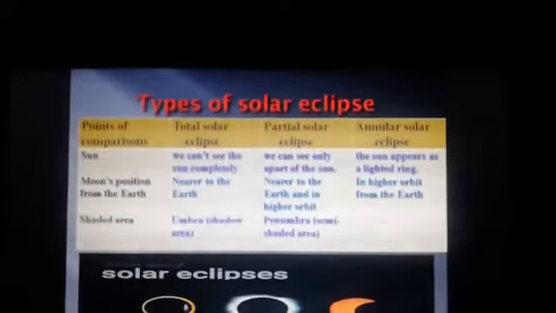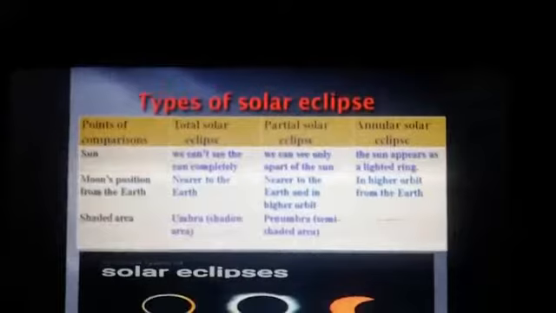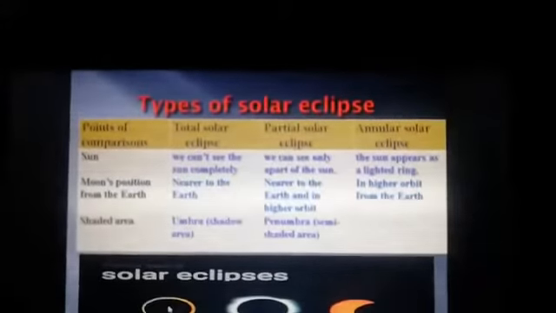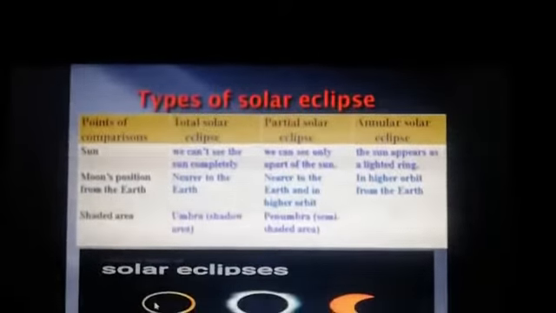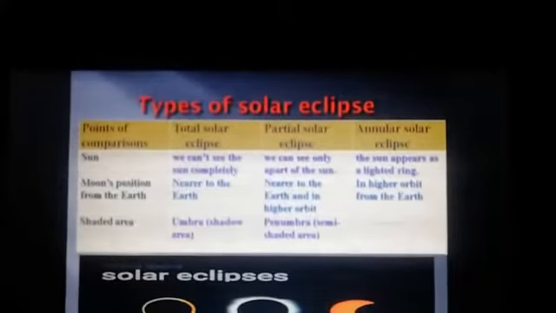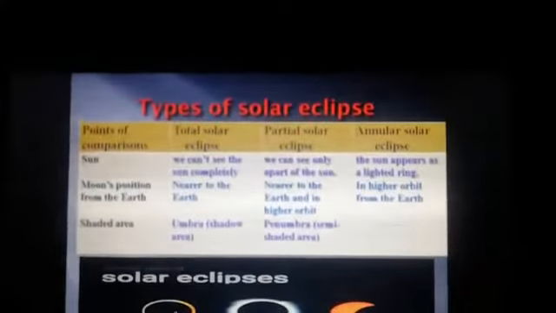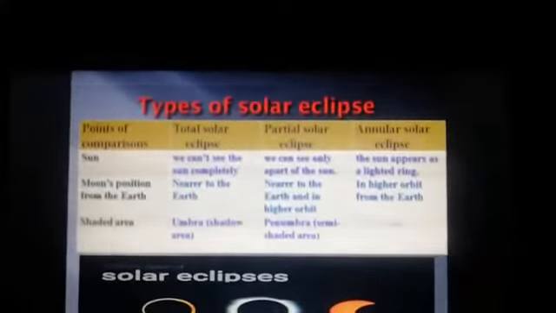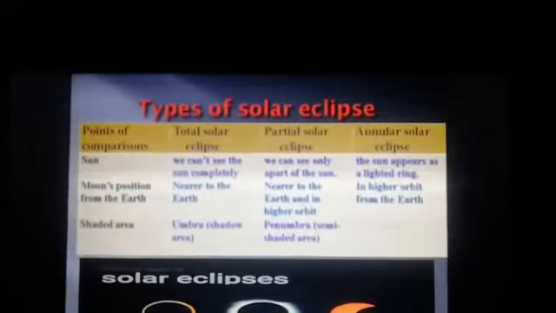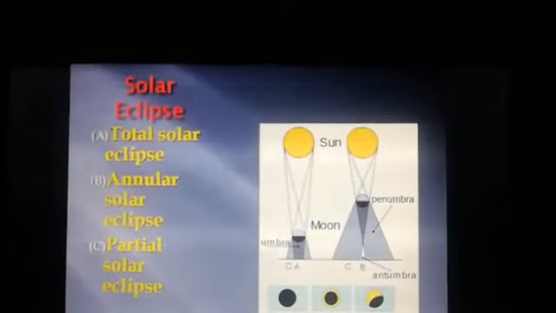In annular solar eclipse, the sun appears as a lighted ring, and it occurs when the moon is in higher orbit from the earth, and the umbra shadow of the moon doesn't reach the earth. We can see we have total solar eclipse, annular solar eclipse, and partial solar eclipse.